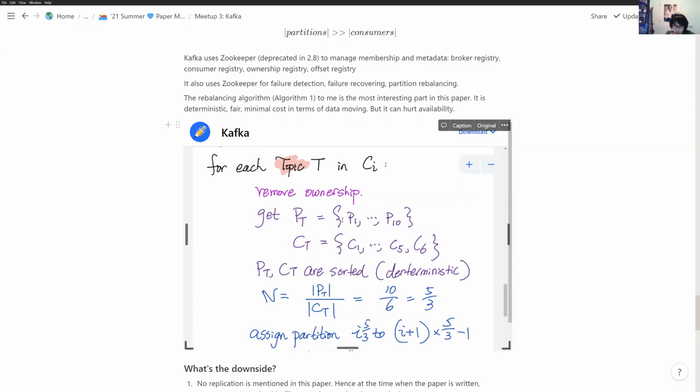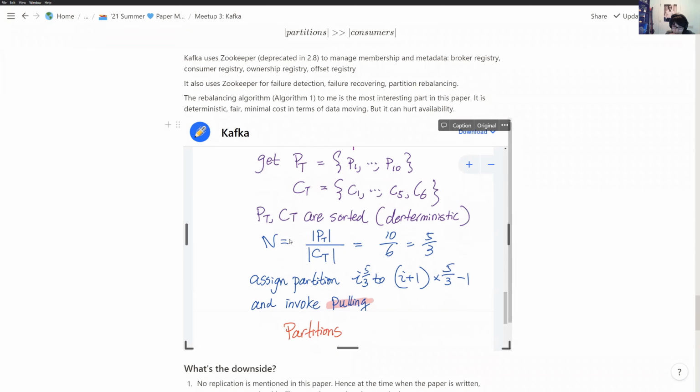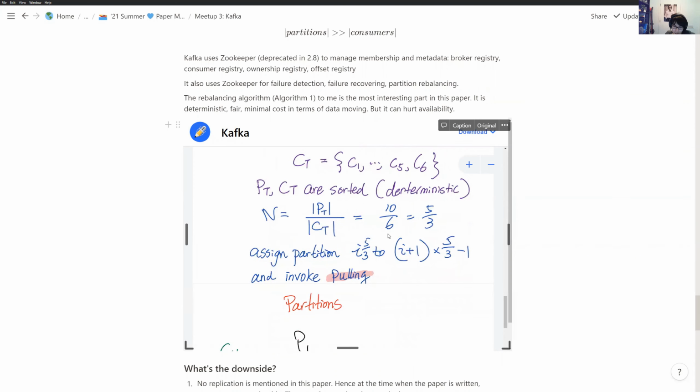And this makes the algorithm deterministic. So the set of partitions is going to be P1 to P10, and the consumer set is going to be C1 to C6. And next, we are going to get a ratio between the number of partitions over the number of consumers. And in this case, it's going to be 10 divided by 6, which is 5/3.